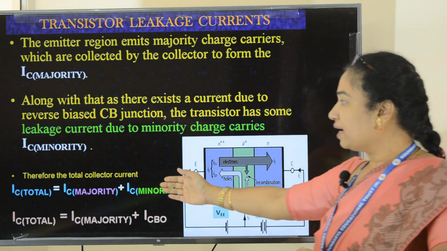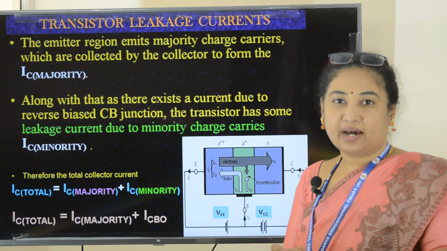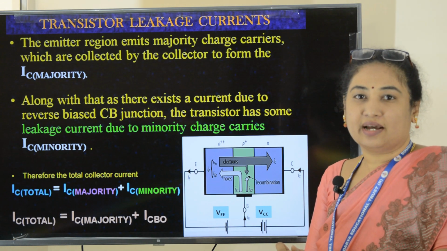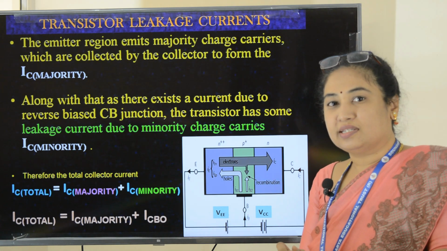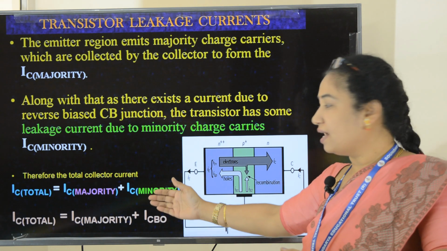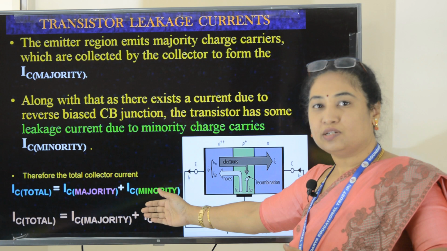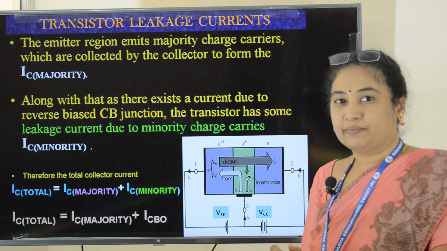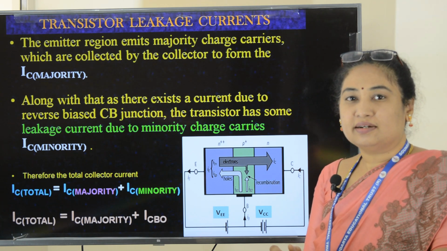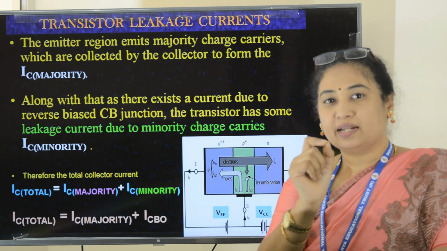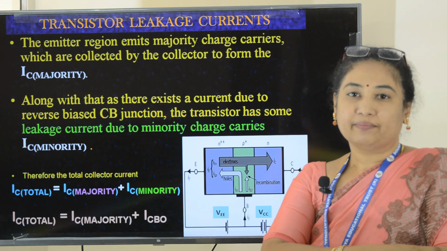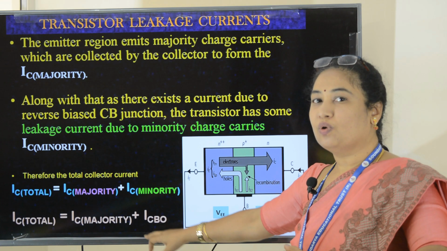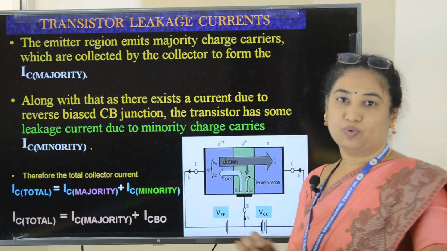Therefore we can say that the total collector current would be because of both majority and minority charge carriers, and we write it as IC equals IC majority plus IC minority. This minority charge current is denoted by a particular notation. So we write this as ICBO. Now we shall know what exactly this ICBO is.